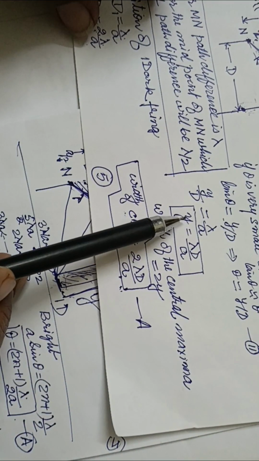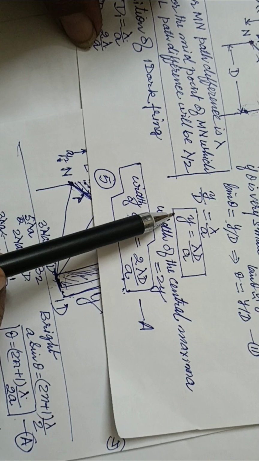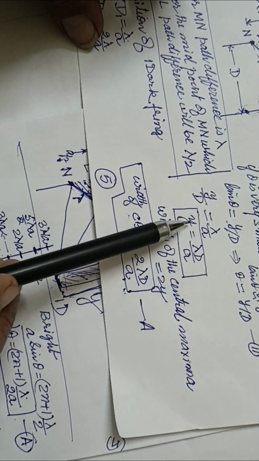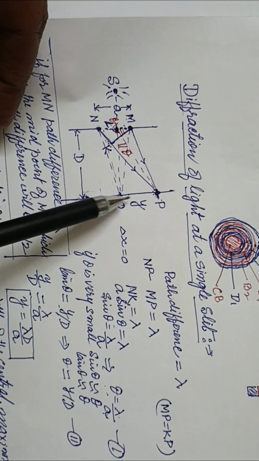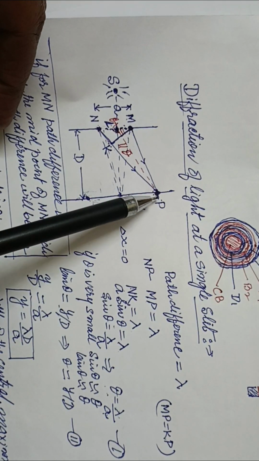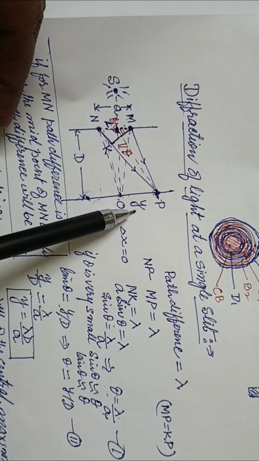First we looked at the width of the brightness. To calculate that, we calculated y. As you can see, the distance from O to the position of P we took as y.